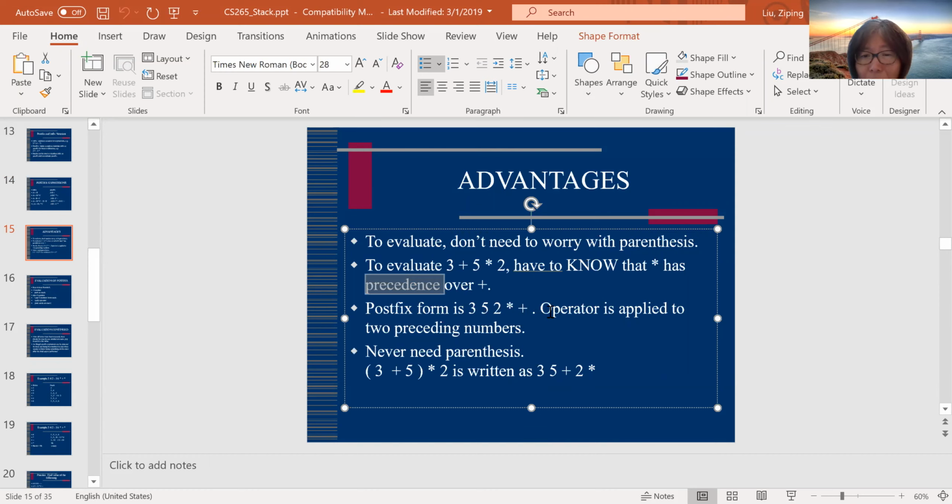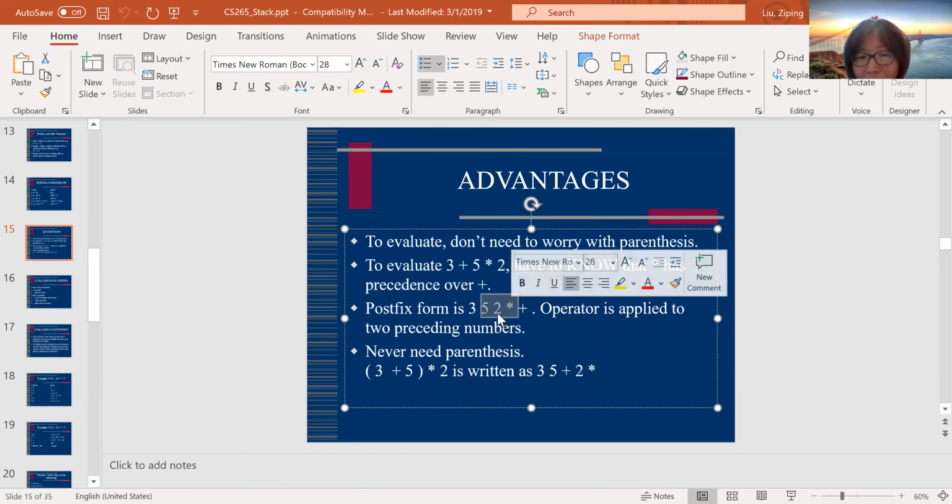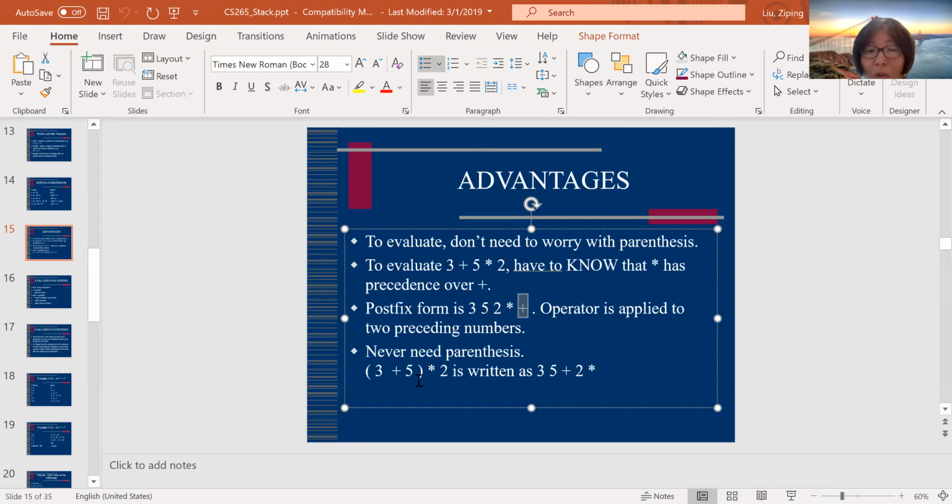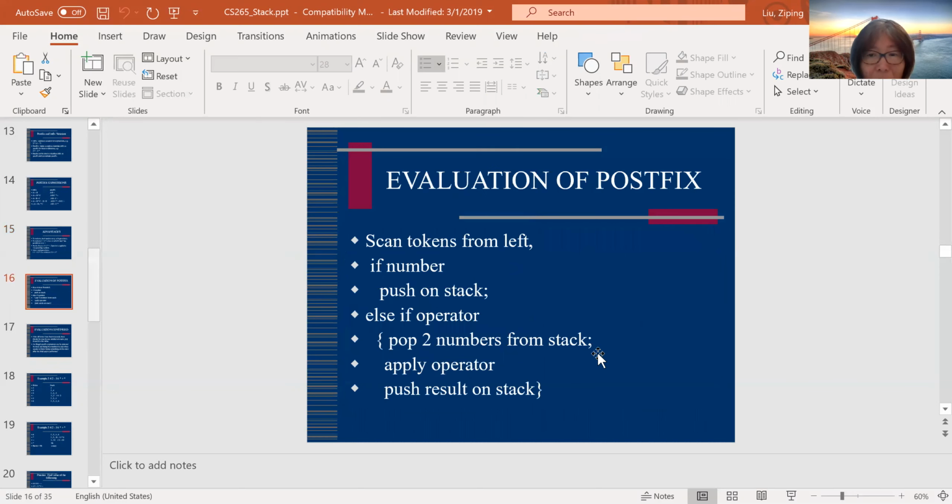This example shows that an operator is applied to the preceding two numbers. When we take a look at this, multiplication is applied first to 5 and 2, and the result is calculated. Then you have these two numbers and the plus sign. So there is no need for parentheses, as this slide says.